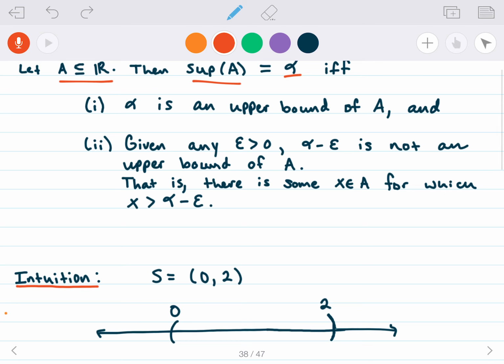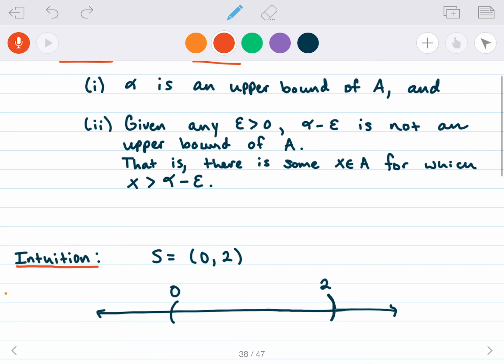Okay, so let's just look at this set [0, 2]. So we know that the supremum of [0, 2] is equal to 2. Okay? And we want to show that alpha minus epsilon is not an upper bound of A for any epsilon, no matter how tiny.